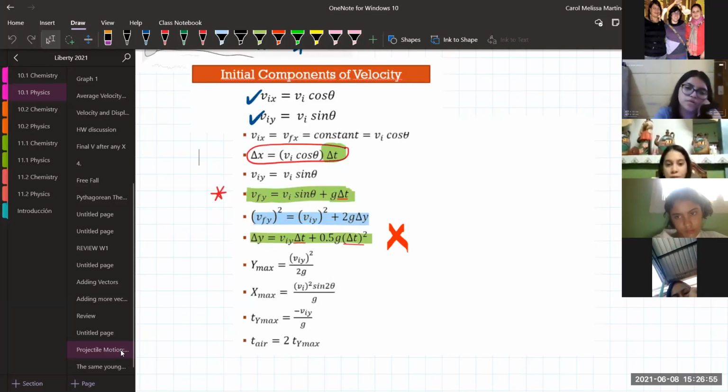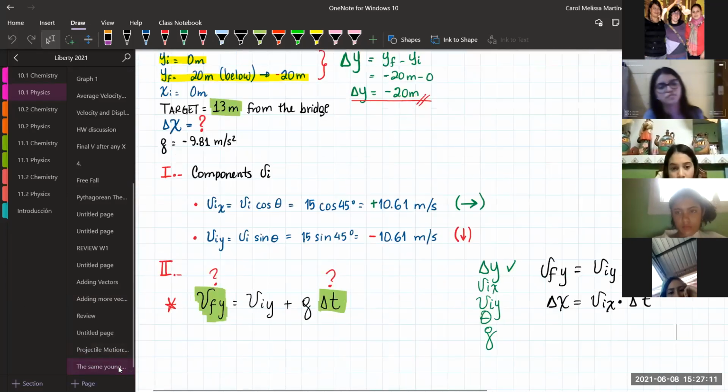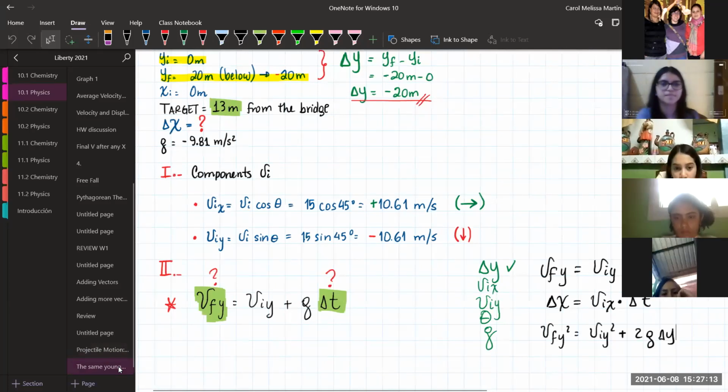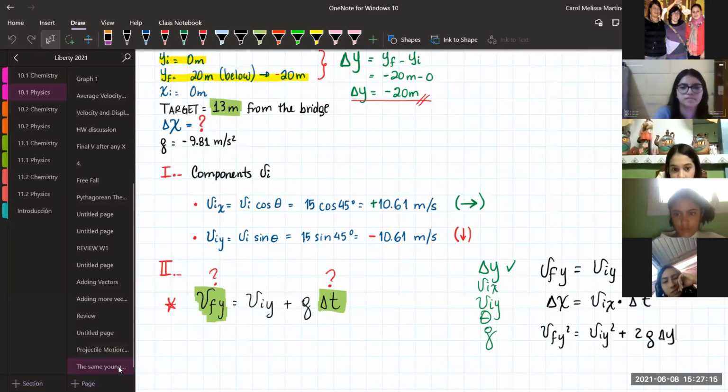So I'm going to write this equation now: vfy to the second power equals viy to the second power plus twice gravity times delta y. Yes, the second power will be after the f. Let me show you.